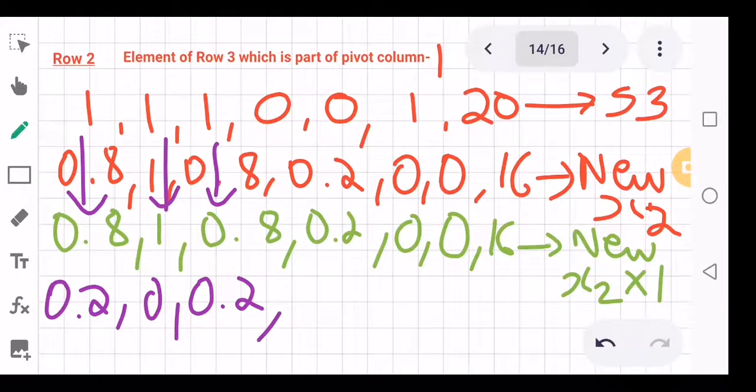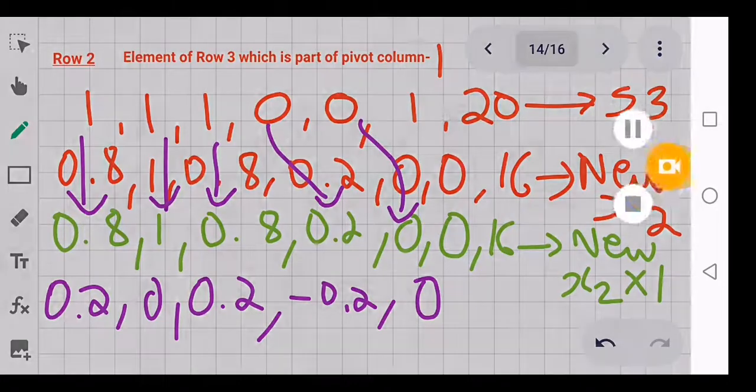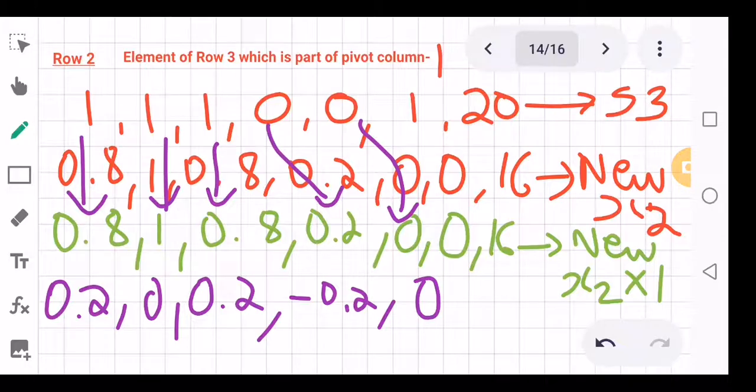Next is 0 minus 0.2, that is minus 0.2. Then 0 minus 0 is 0, then 1 minus 0 is 1, then 20 minus 16 which is 4.